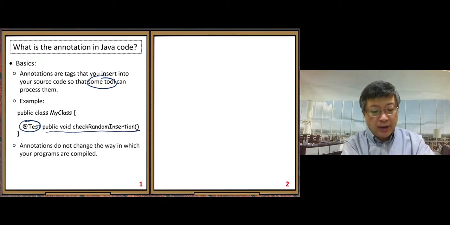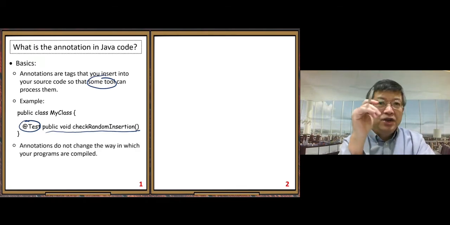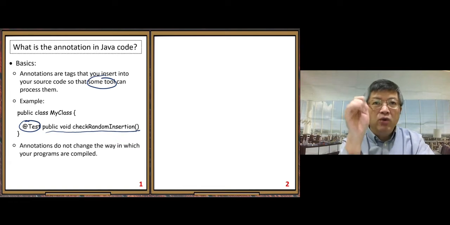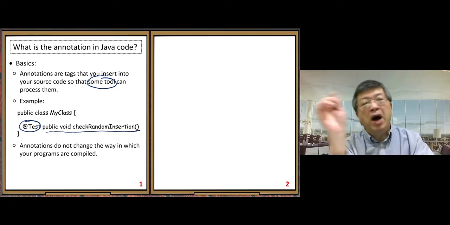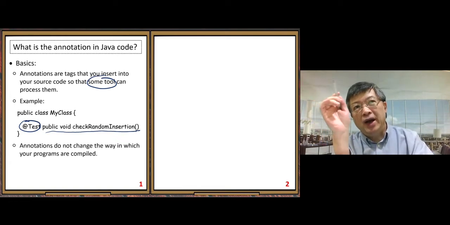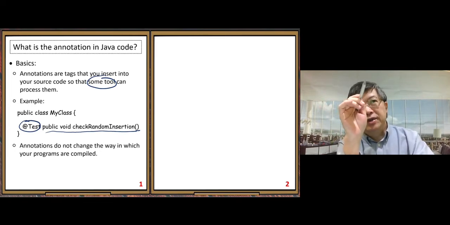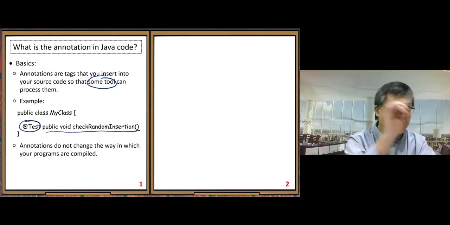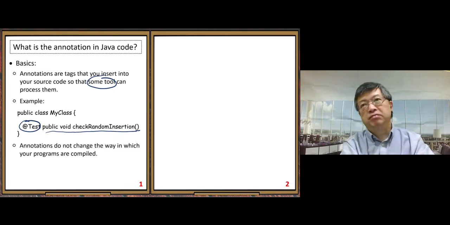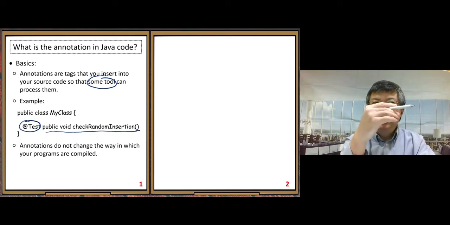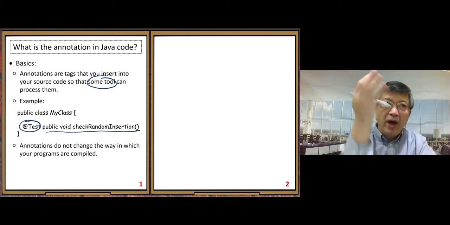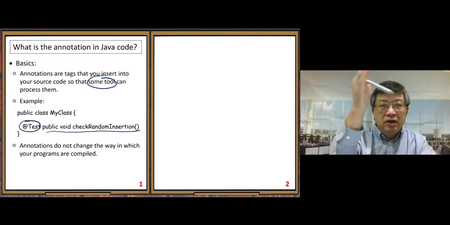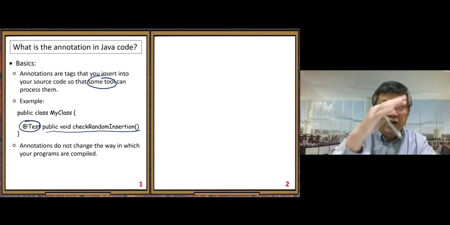All right. So annotations do not change the way in which your programs are compiled. The meaning of this line is that all your regular Java statements are compiled the same as before. With or without annotations, the compilation part stays the same.